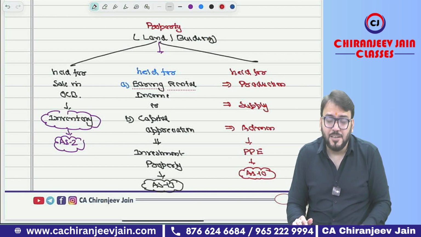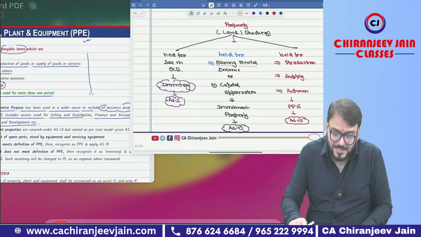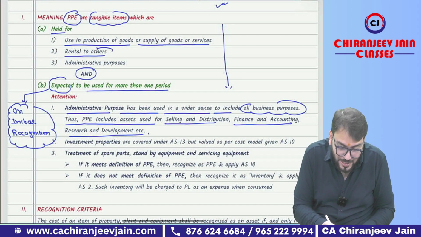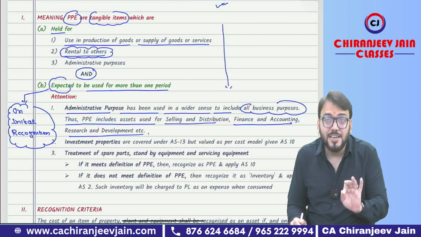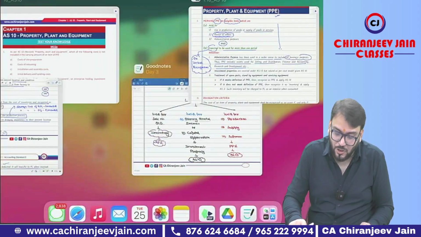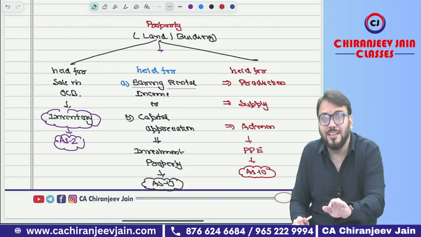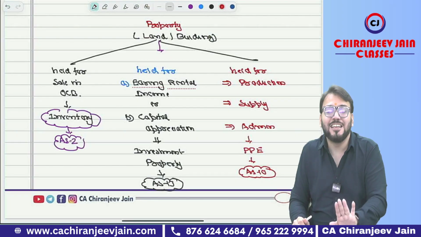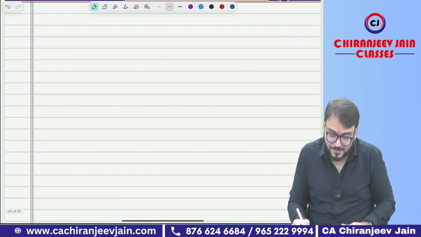Now one doubt will come, sir. If you have not mentioned rental to others, so why in the definition is it given rental to others? One doubt will come now. The rental to others, it is added because of one reason. Means any property which is given on rent to others for earning rental income, that is what investment property. But just write down.